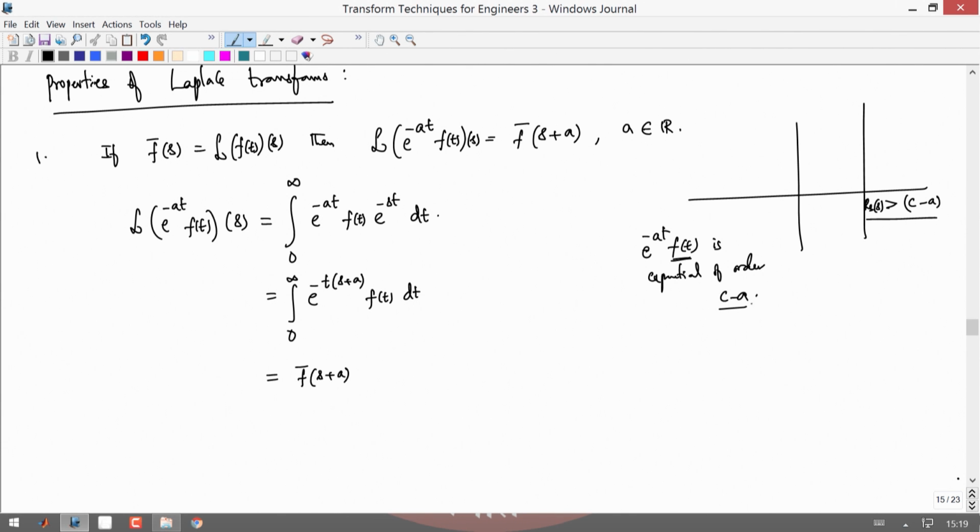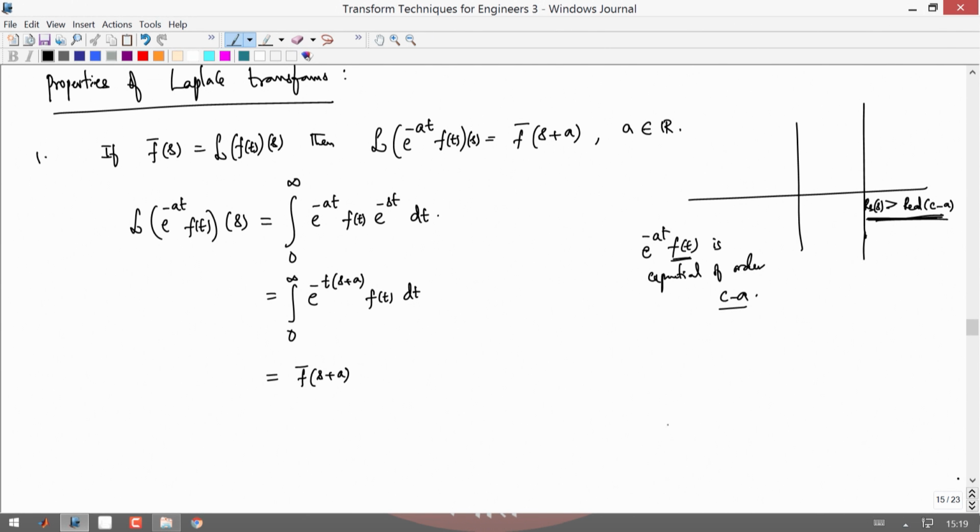If a is also a complex number, you can consider the real part of c minus a, so that the real part of s is bigger than that.